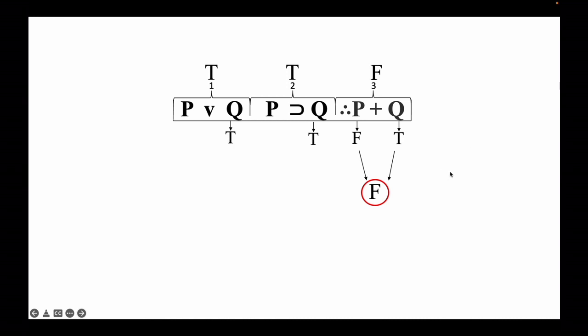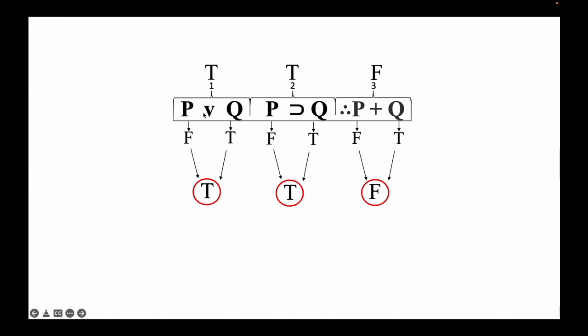And at this point, I plug in the values for Q and the values for P. I know that Q is true and P is false. Now, look at the conditional statement in premise 2. The antecedent is false, the consequent true. So, it means that the statement is true.